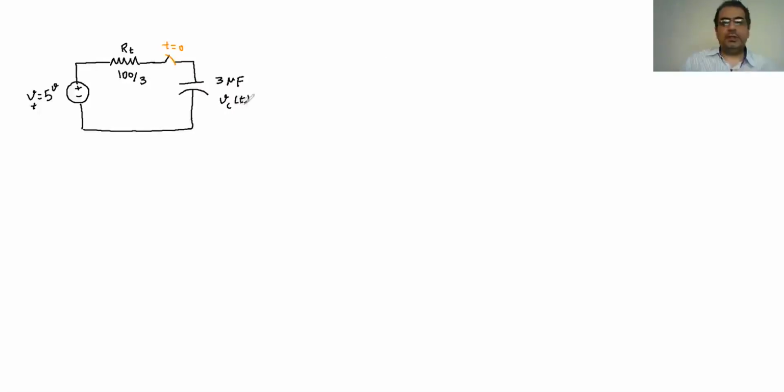is going to change. And we know from the previous solution, when we solved that circuit for general condition, that the change in the VC(t) is going to be Vs minus Vs e to the power of negative t over tau.